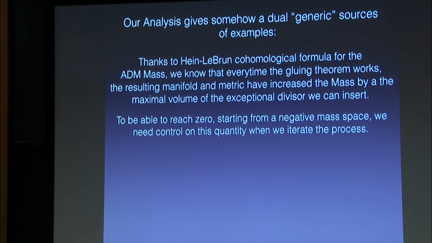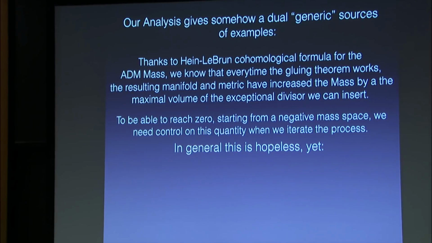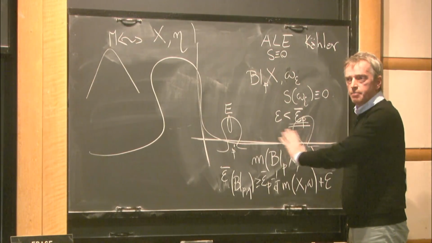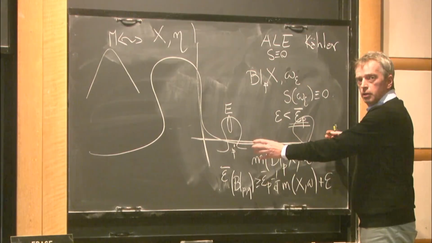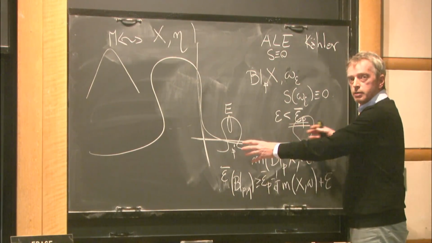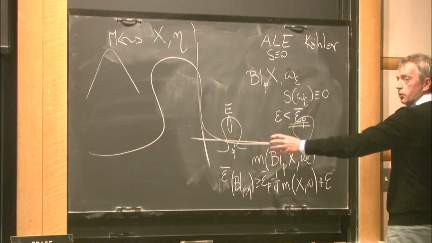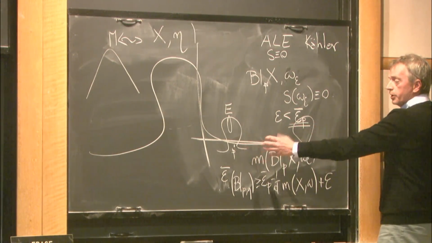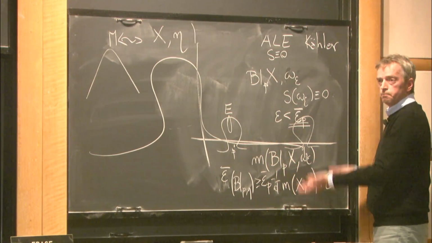And basically the upshot, and this is really the end, is that if you give me a model which has negative mass, any model with negative mass, there exist points, which must be sufficiently far away in order to apply this argument, a finite number of points, that if I blow up, I turn the mass to 0.